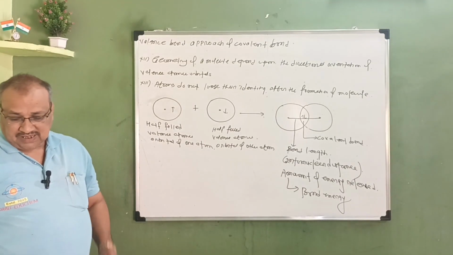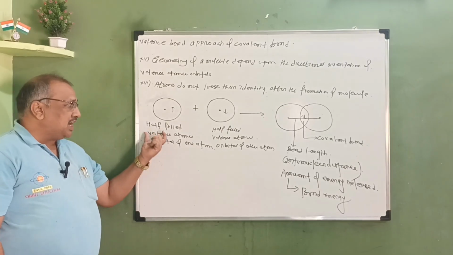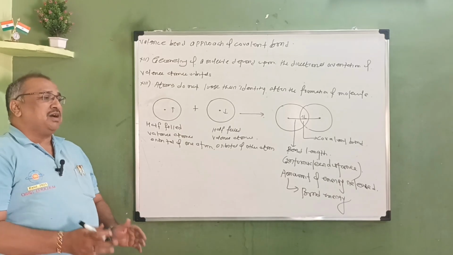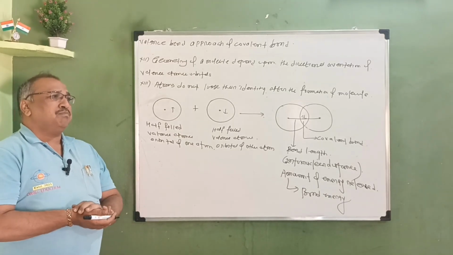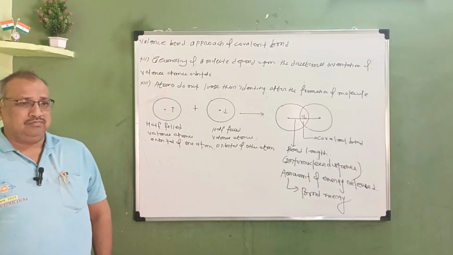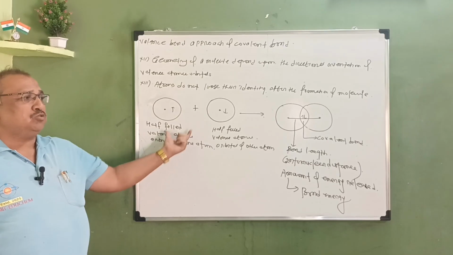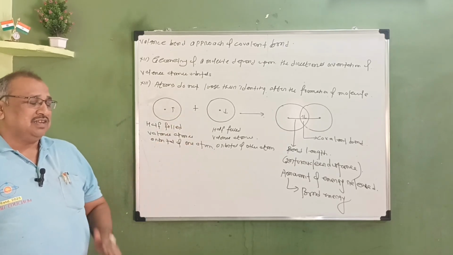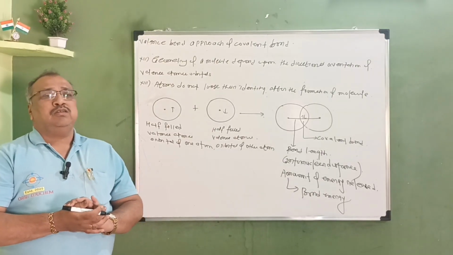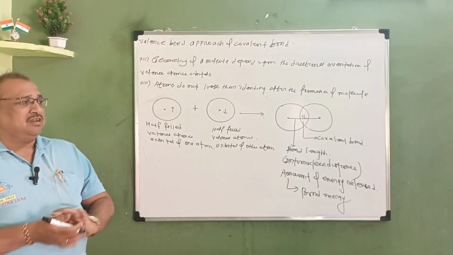Second, the atomic orbital having an unpaired electron can take part in the process of overlapping. Third, the valence shell electrons should have nearly the same energy. In this way you can easily learn the various postulates of valence bond theory on the basis of this diagram.